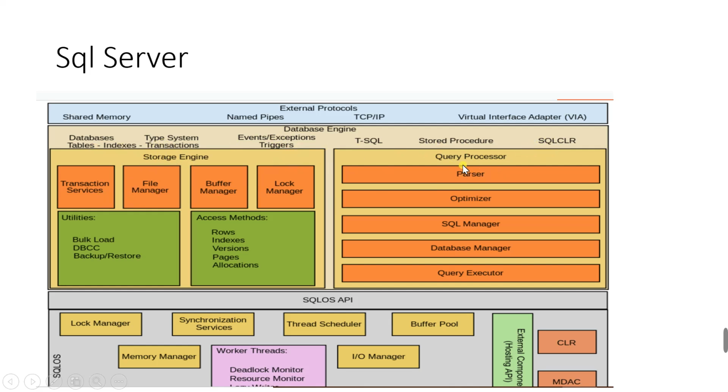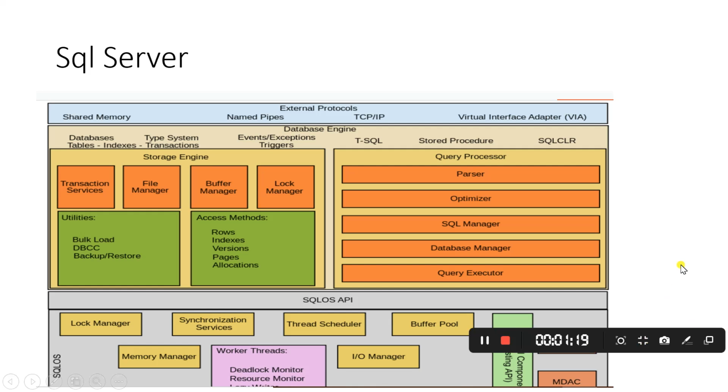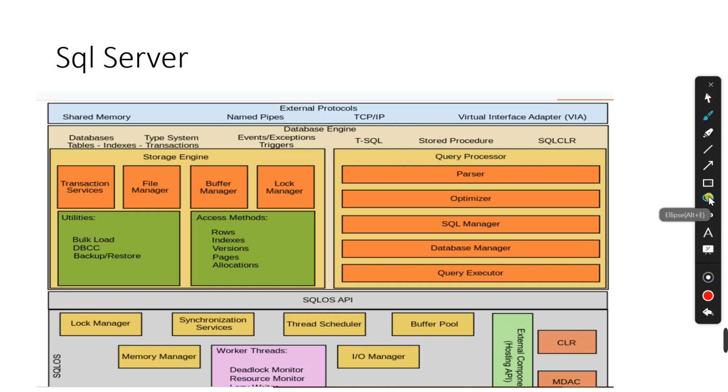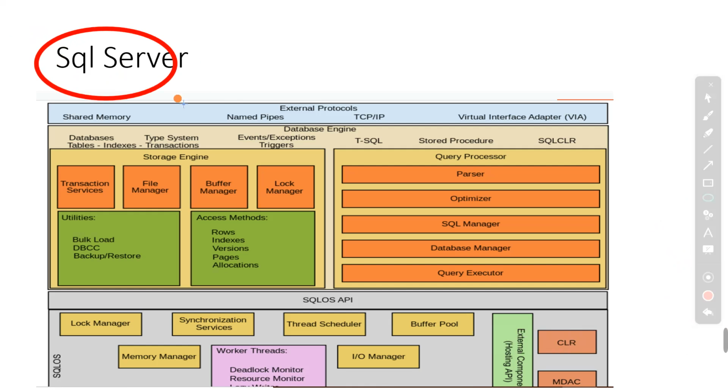And we have a query processor: processor, optimizer, SQL manager. At the bottom of the architecture are the SQL APIs. So this is the basic architecture of SQL Server.